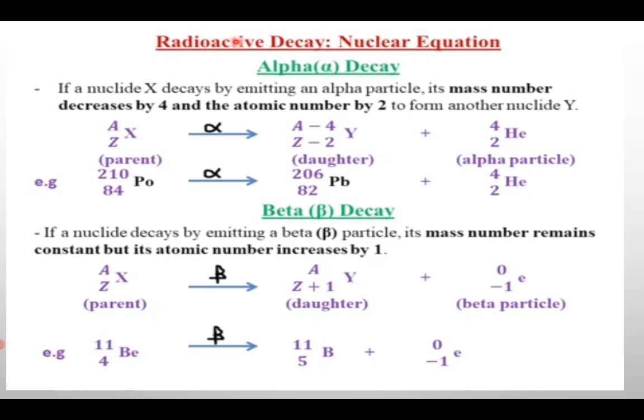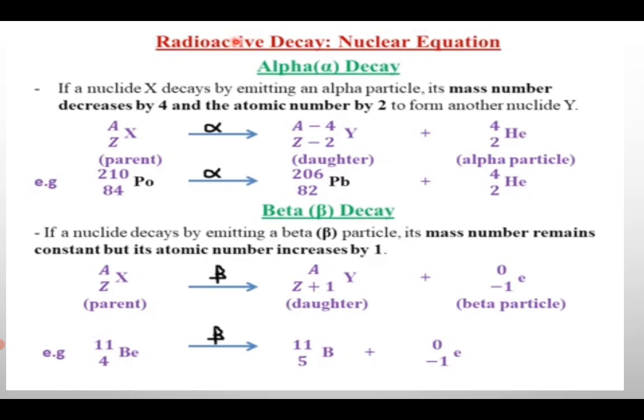So we said yesterday in lesson 1 that the unstable nuclei of elements can undergo a radioactive decay in which the nuclei disintegrate spontaneously and emit a radiation, which can be alpha, beta, or gamma radiation. And in the process of doing that, we said that a new element is formed.